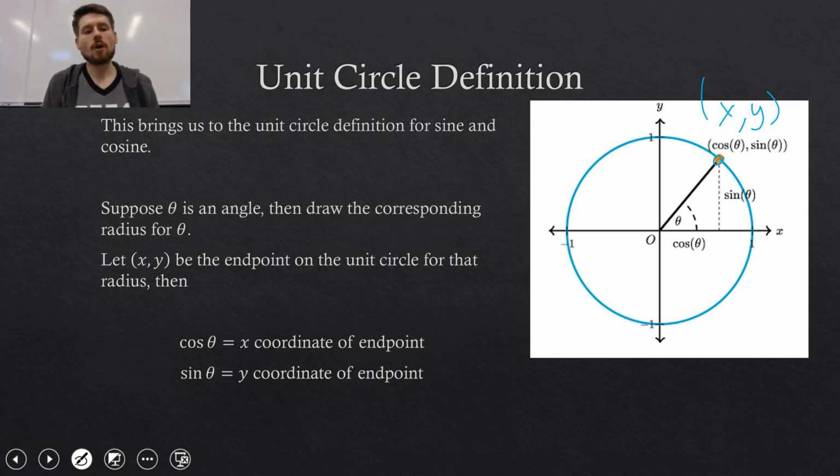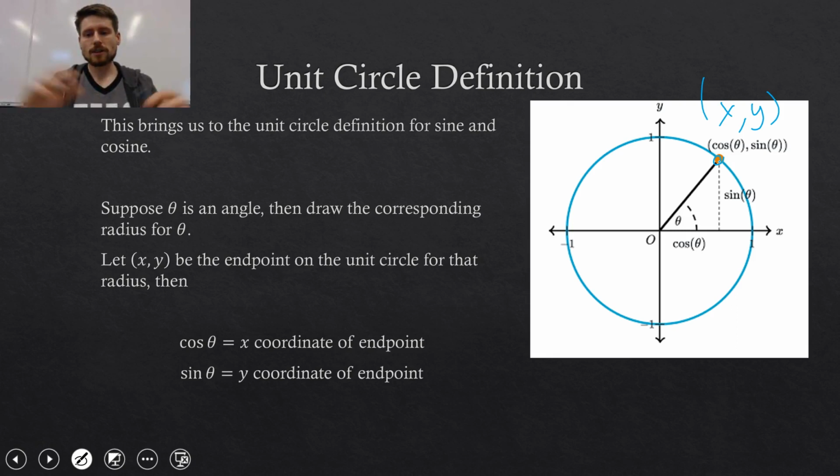This definition now holds no matter what angle theta is. Theta could be 375 degrees, it can be negative 2 pi degrees, and whatever. So this holds no matter what the angle is. Cosine is the x coordinate of the endpoint, and sine is the y coordinate of the endpoint.